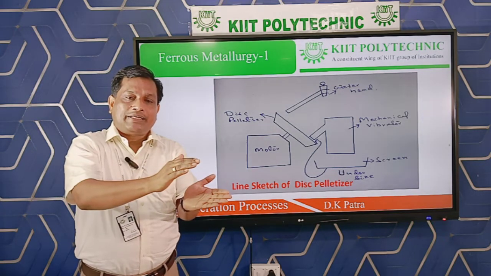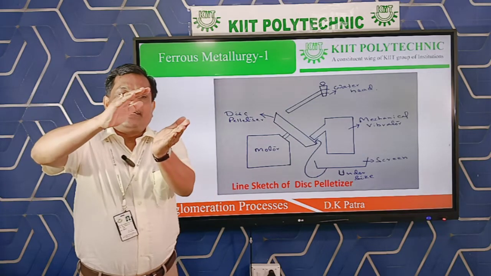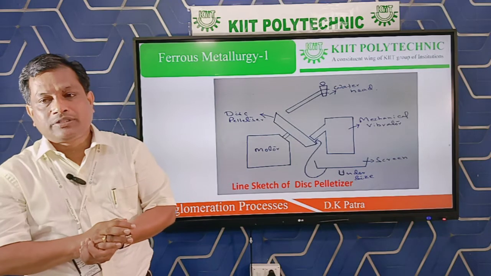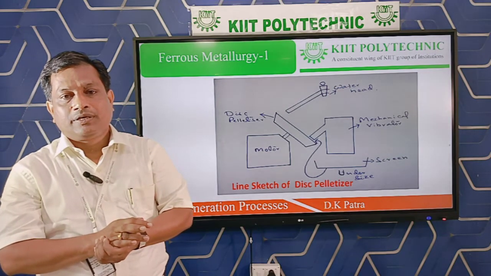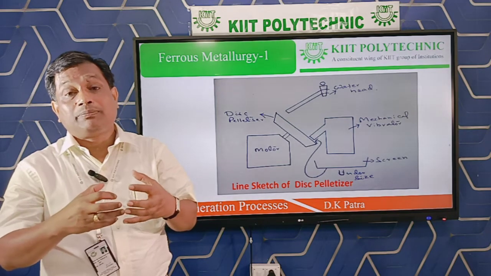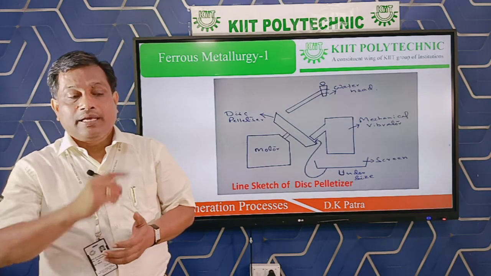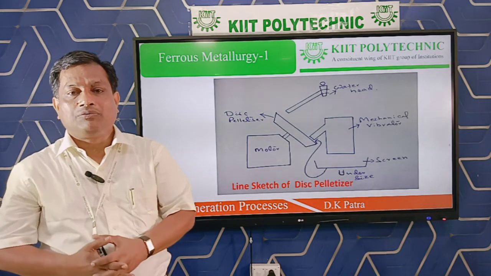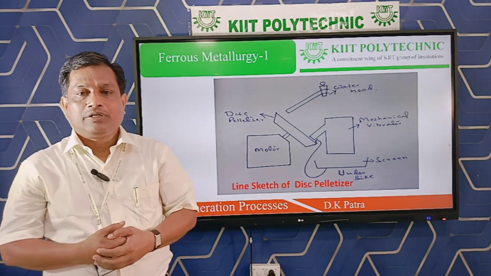In the preliminary part it will be preheated, then it will be heated or fired, and the ultimate temperature is around 1200 to 1350 degrees centigrade. Then adequate bond strength can be developed, and by switching off the furnace, the material will cool down, and we collect these pellets.